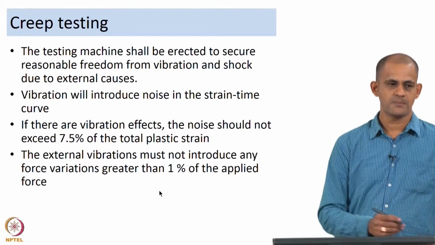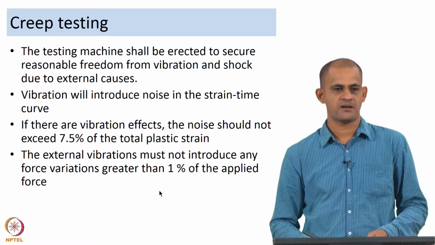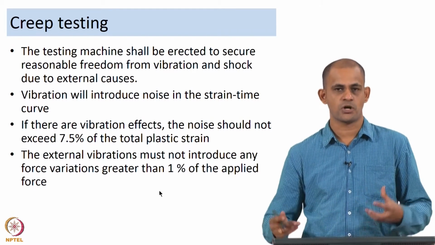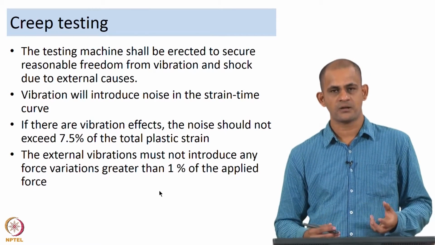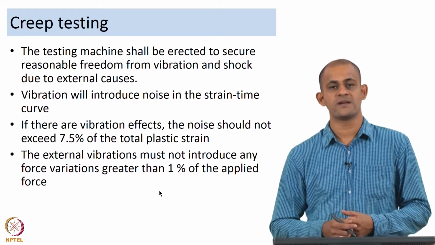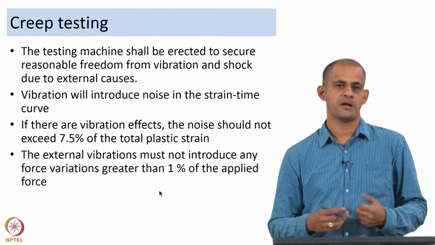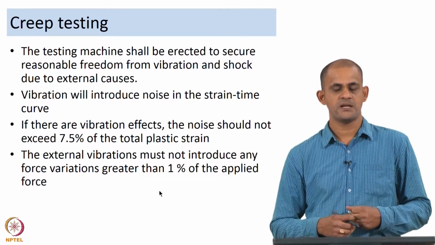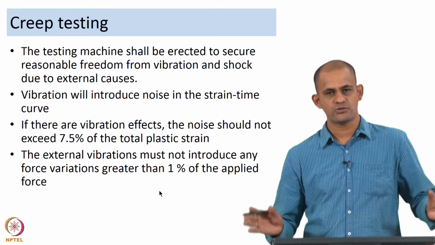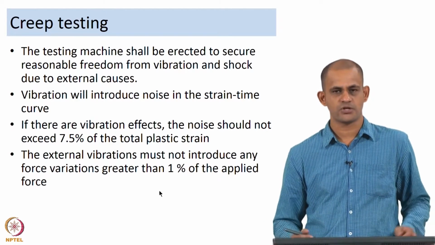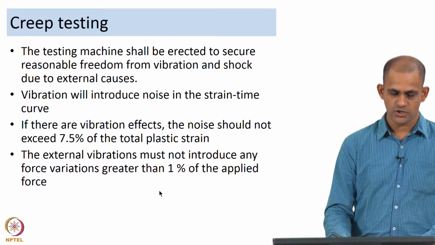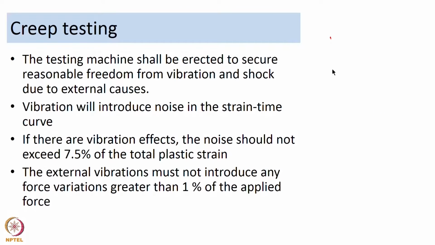If your creep testing machine is located in a place where vibrations and shocks from external factors are regular, then your data is going to get influenced by those factors. So, essentially your testing machine should be isolated from external vibration and shocks, because vibration and shock will introduce noise in the strain time curve.